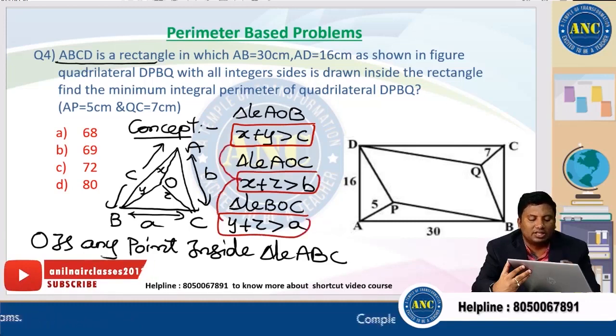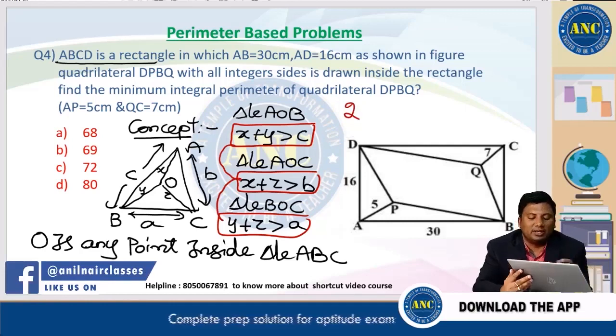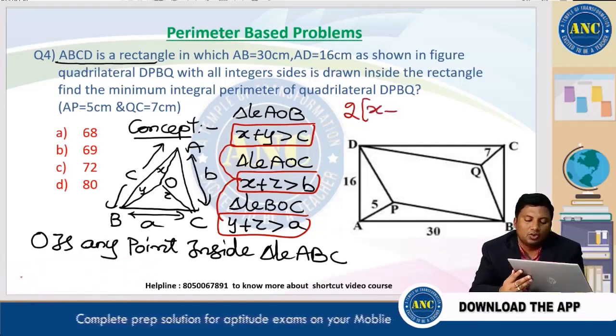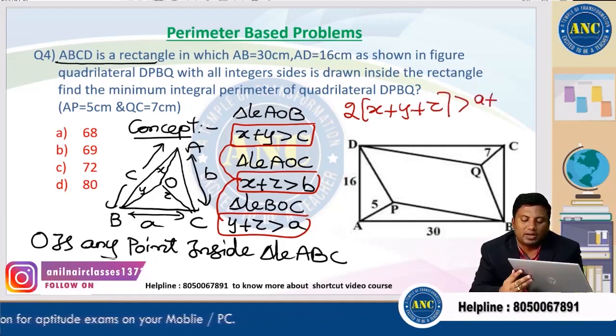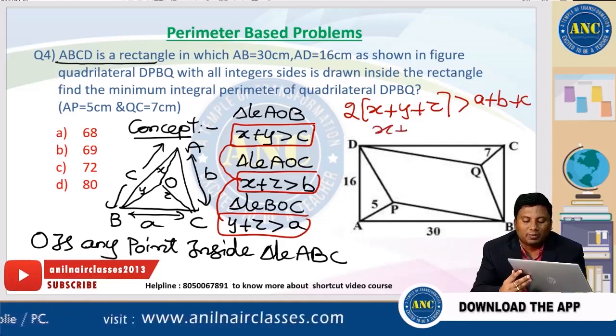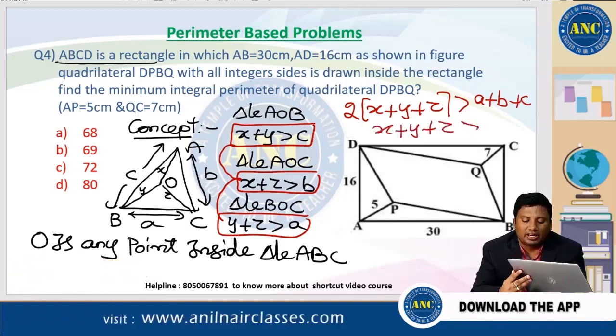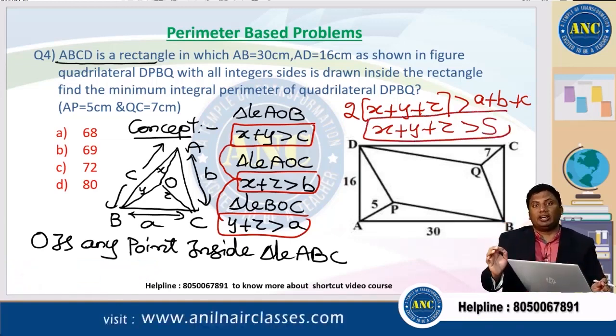Add these. If I add them, X plus Y plus Y plus Z plus Z plus X, which is 2 into X plus Y plus Z, is greater than A plus B plus C. And what we're looking for is an extremely important conclusion.